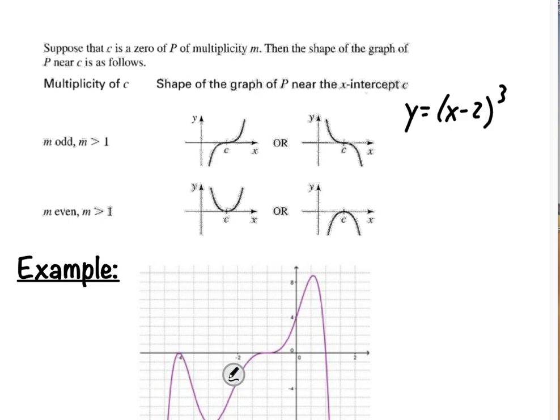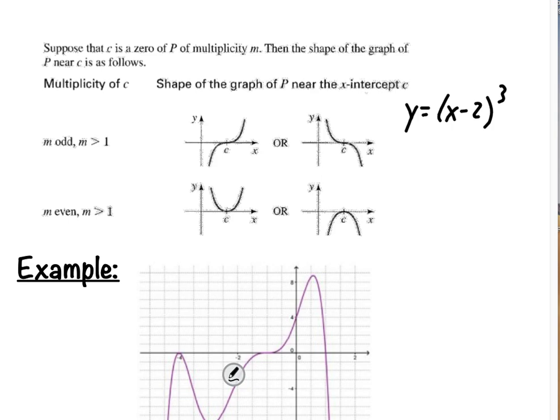If I have x minus 2 to the third power, my multiplicity there is 3, because my zero is at 2, and I'd have 3 zeros at that spot. It has a multiplicity of 3.